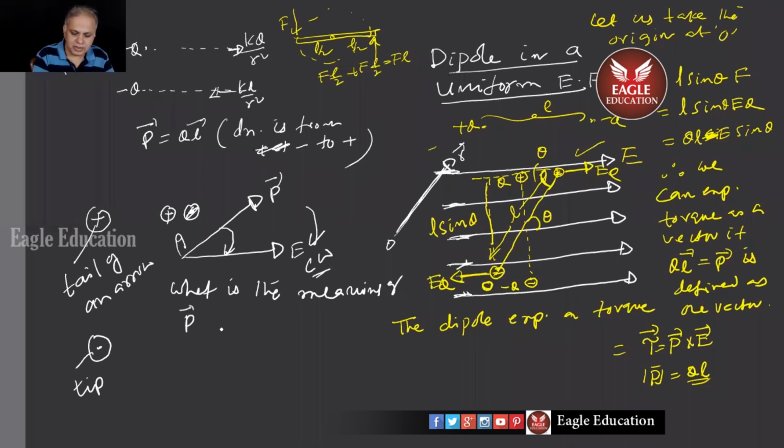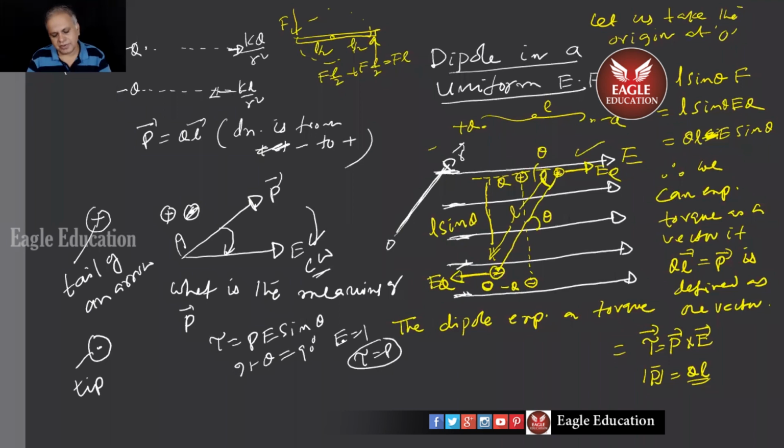Look, tau equals PE sine theta. If theta equals 90 and E equals 1 unit, then tau will be equal to P. So that's the physical meaning of dipole moment. If you allow me to go to the next page, I'll show you the meaning of it again.